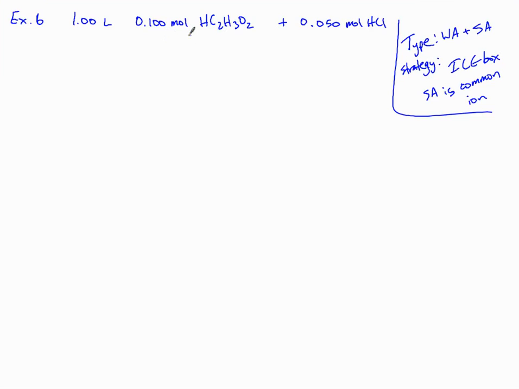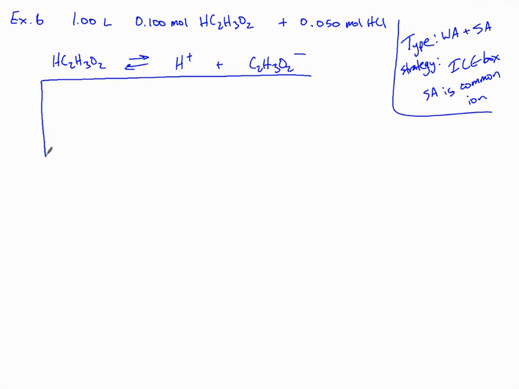So the first thing we're going to do is start with the dissociation reaction of our weak acid. Acetic acid, and it's going to yield hydrogen ions and acetate anions. And this is going to be the basis for our ICE box.